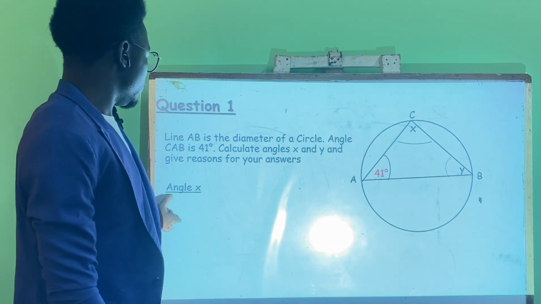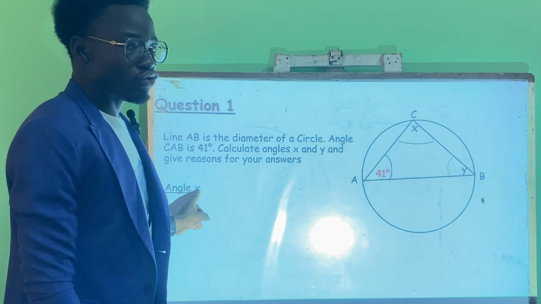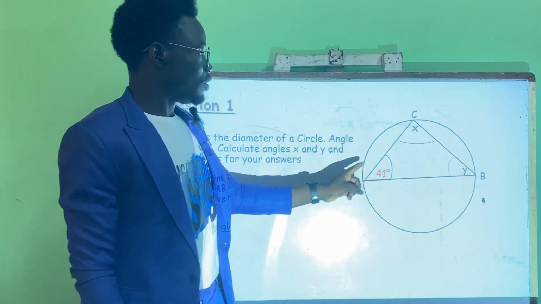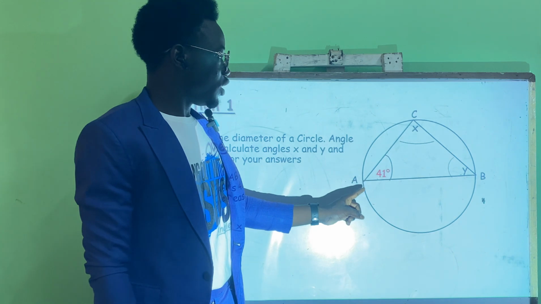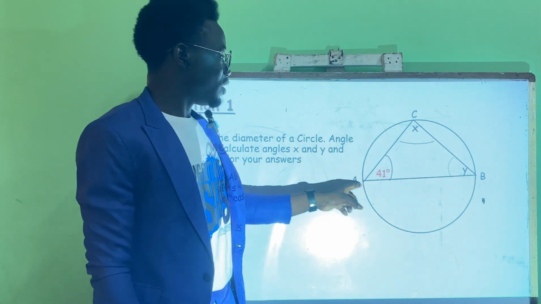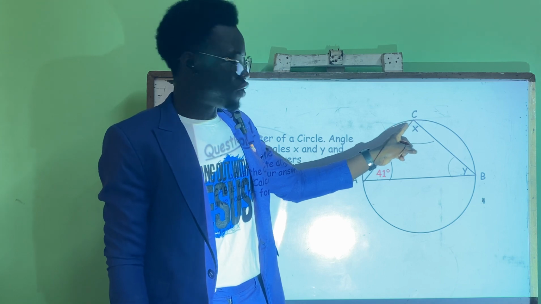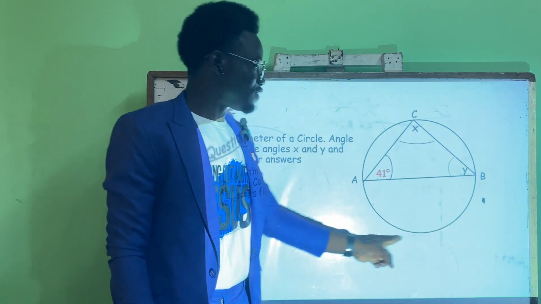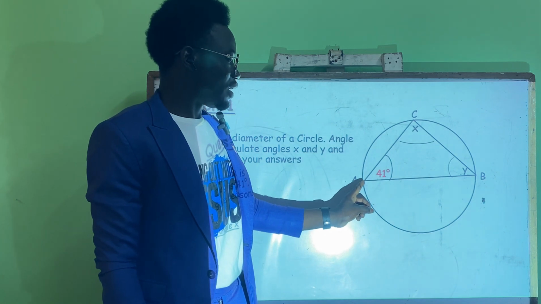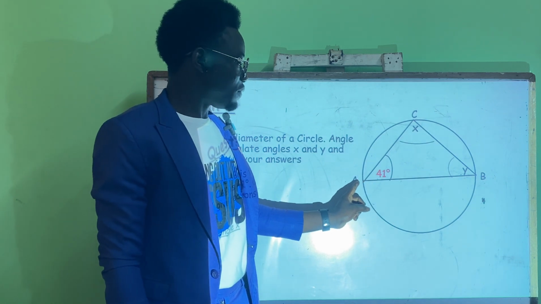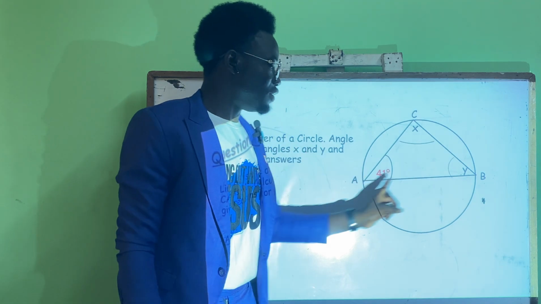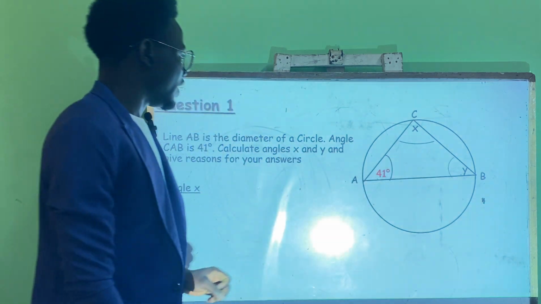Now you want to look for angle X. From the properties of circle theorems, any line that subtends from the diameter to the circumference, the circumference being the distance around the circle, any angle formed by two lines from the diameter gives you 90 degrees.